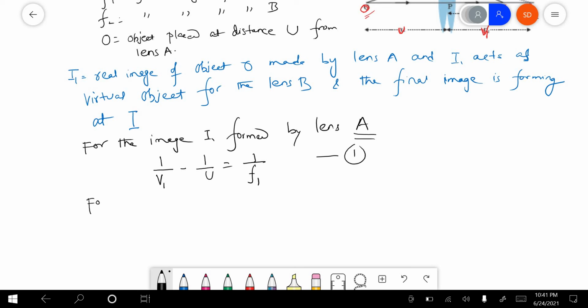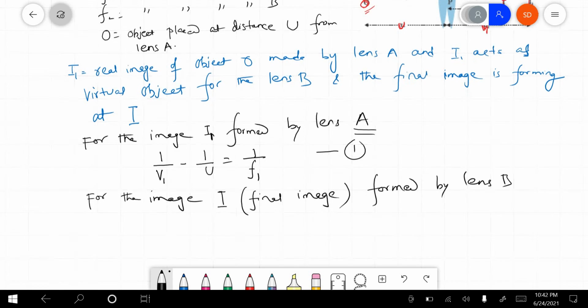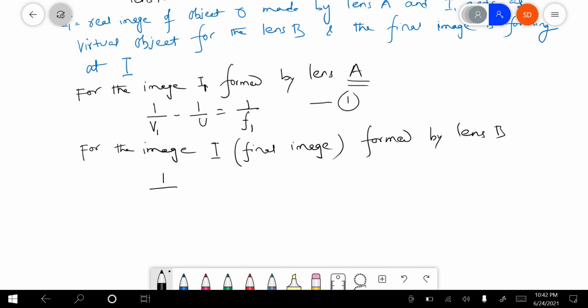Now for the image I, the final image, formed by lens B, what can you write? The lens formula is 1 by image distance minus 1 by object distance.